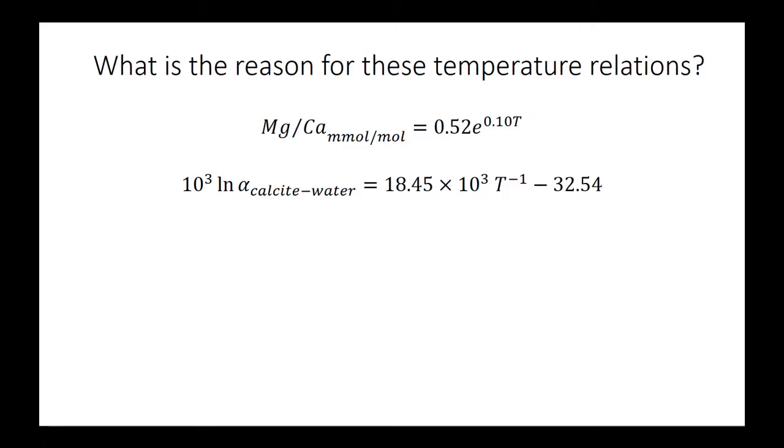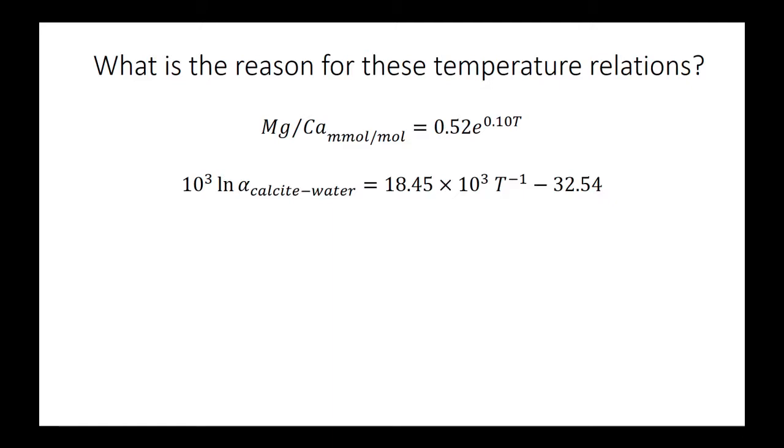And similarly, we might ask you to explain some of the underlying thermodynamics or physics of why these isotopes, or in the case of magnesium and calcium, the element ratios, might respond to temperature. So some description, in this case, of the competition between the enthalpy of preferentially having the heavy isotopes in the heavy bonds, and the lighter isotopes in the lighter bonds, versus the entropy term, that you want all of the isotopes to be evenly distributed across all phases.